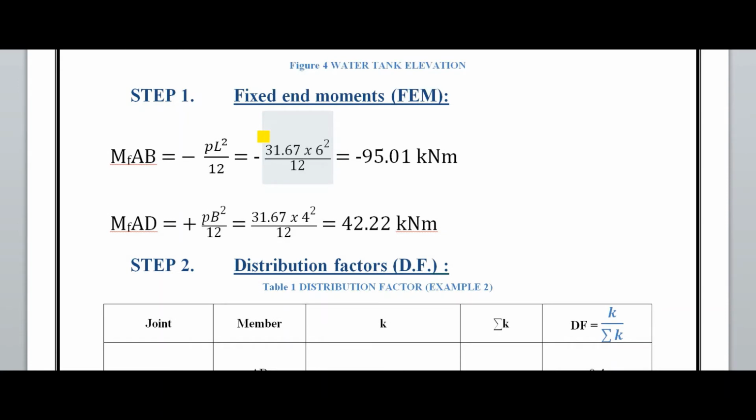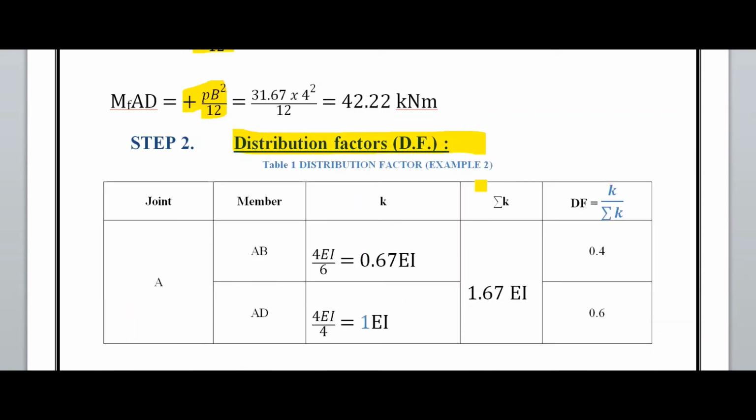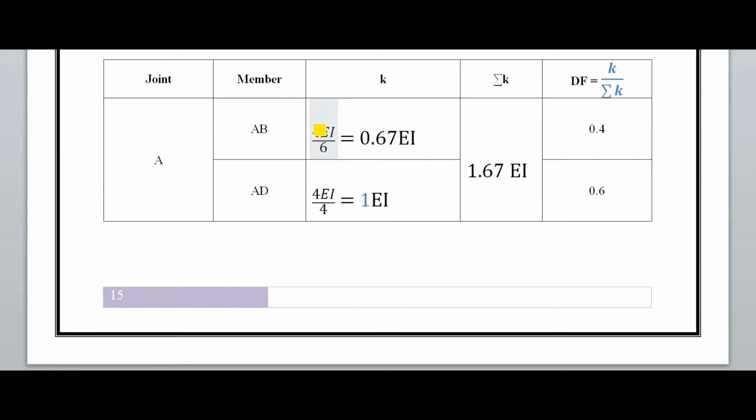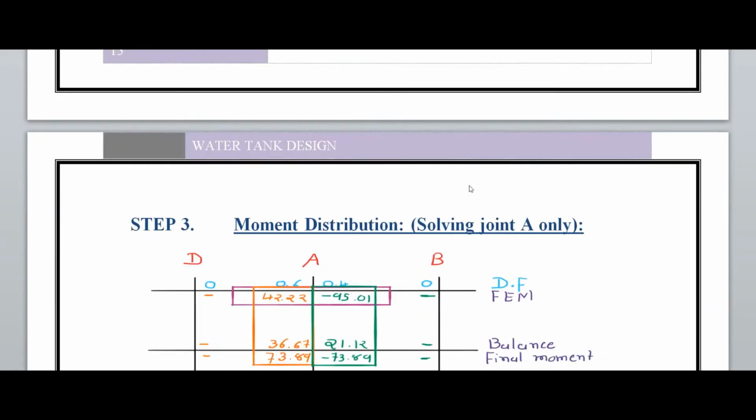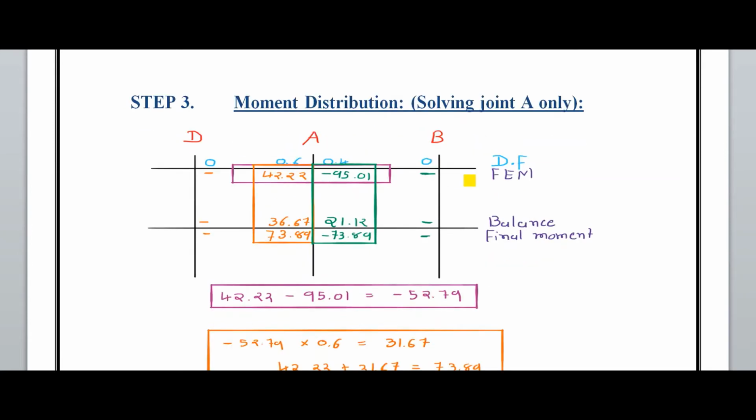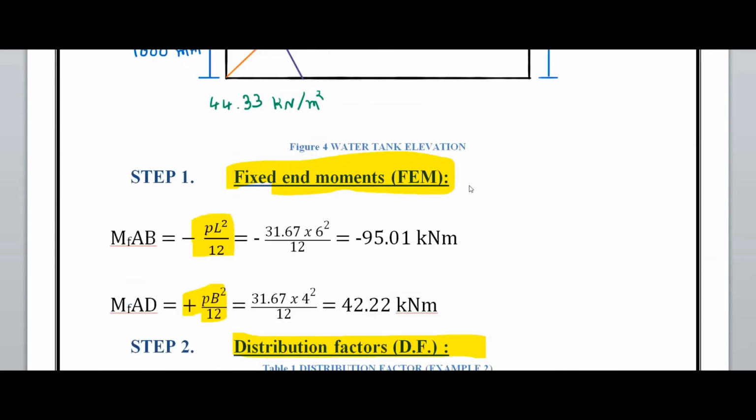So as in the previous example, we have to find the fixed end moments, PL square by 12, PB square by 12. By the distribution factors, 0.4 and 0.6, we calculated all the data in the previous example. Same method, I told you, same example, just a change in the pressure.